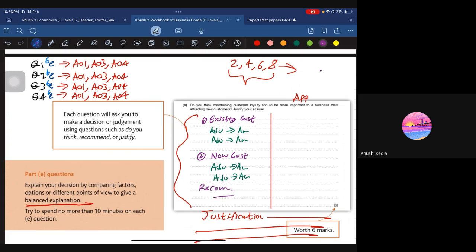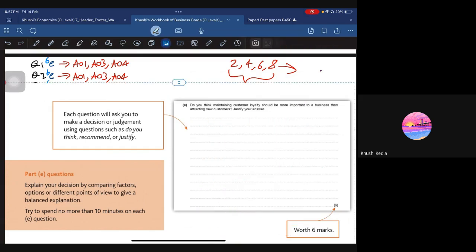Recommendation, and you give the recommendation from the point of view of the comparison, right? So comparison should be there. The other method that you could use is, let's say, job production: advantage and analysis of that, and then again somewhere advantage and analysis.